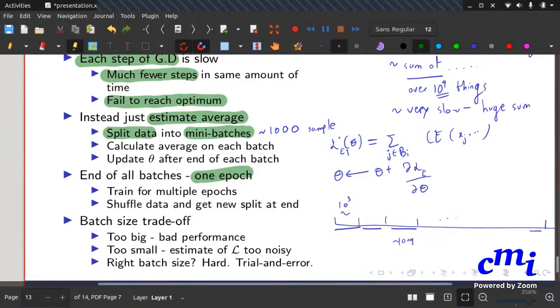So if you have, in this case, 10 to the power 9 data points, and each mini batch is 1,000, then one epoch will be 10 to the power 6 training steps, where each time you are minimizing the loss on those 1,000. And usually we train for multiple such epochs, right?